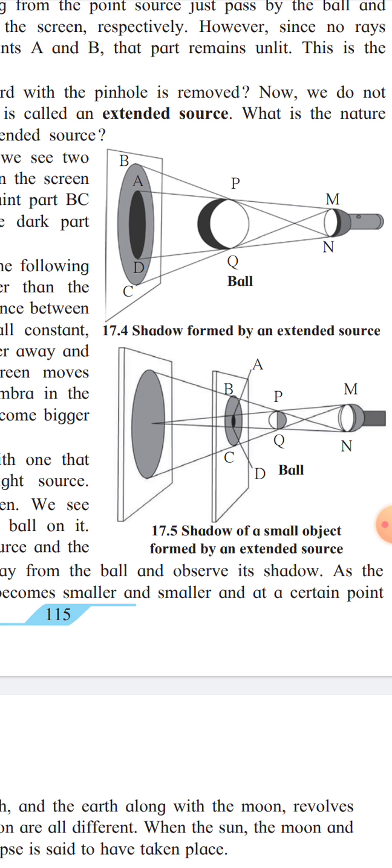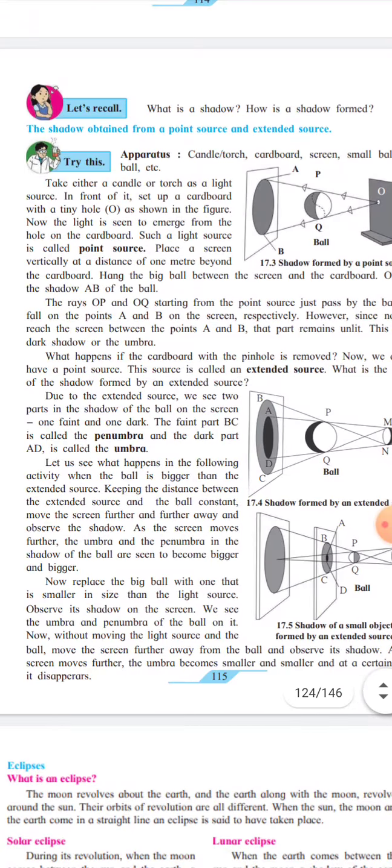Dear children, what we learned today is about phenomena related to light. In the previous lecture, we learned about the extended source of light, the point source, and the umbra and penumbra. In the previous lecture we had already learned scattering of light.